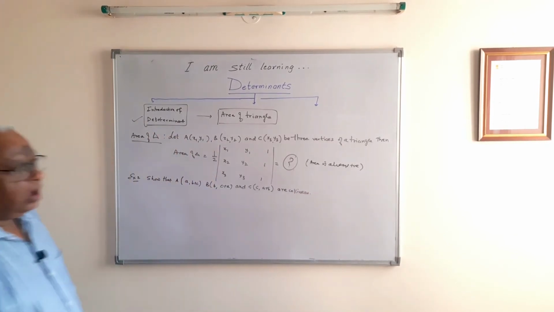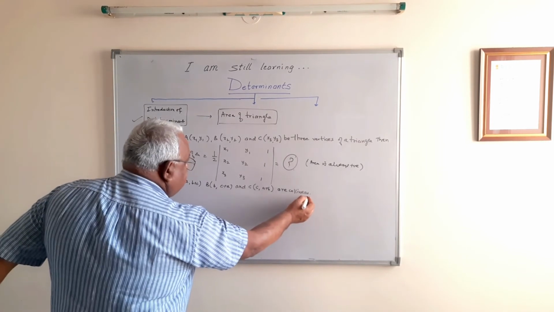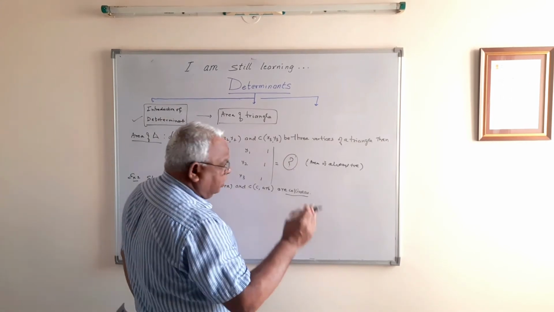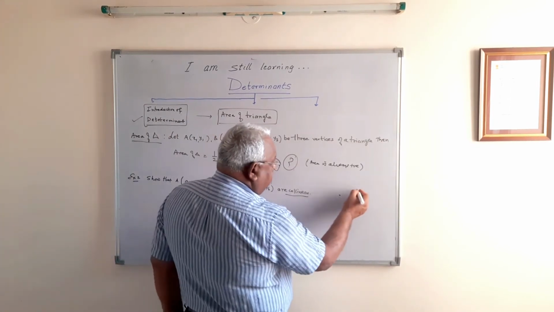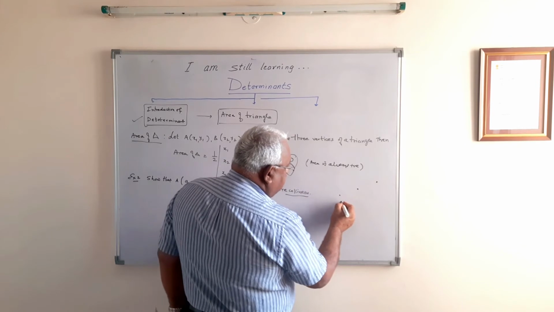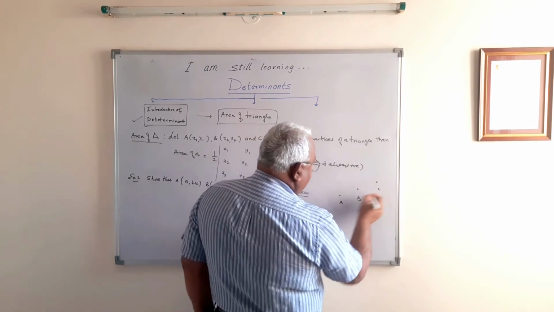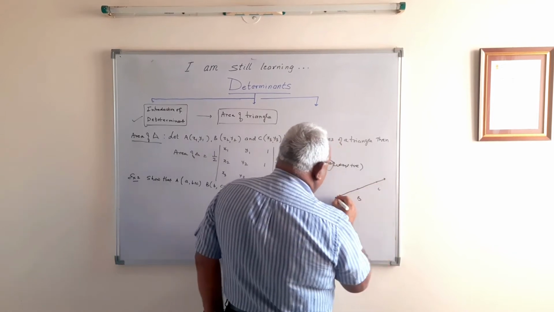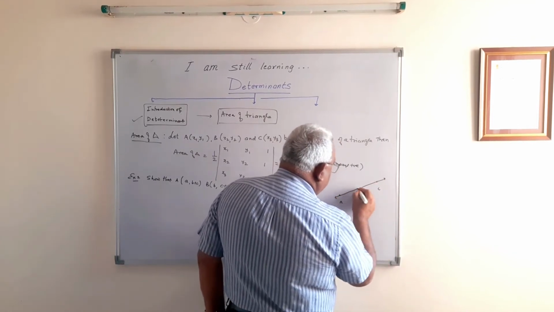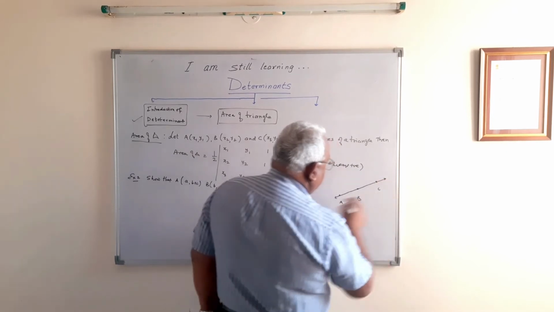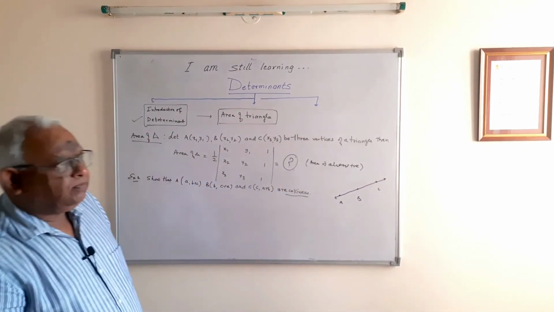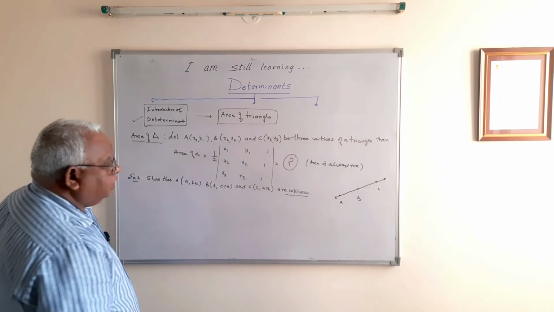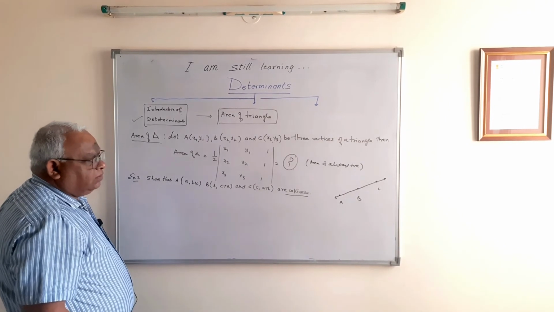I don't know how many of you know the meaning of this word collinear. If you know or if you don't know, it hardly matters. Let me explain the meaning of collinear. A, B, and C, these three points are collinear if and only if they lie on a line. If three points are lying on the line, they are said to be collinear. What is great about it?